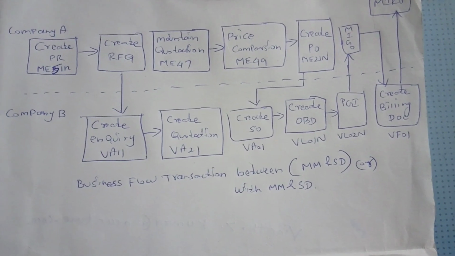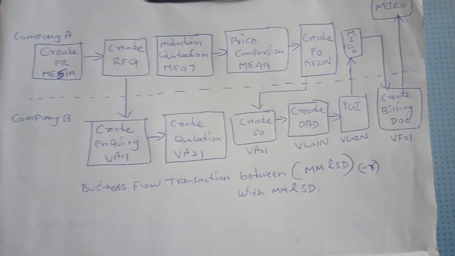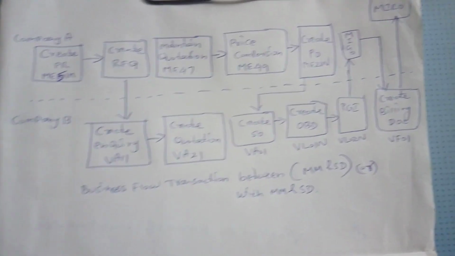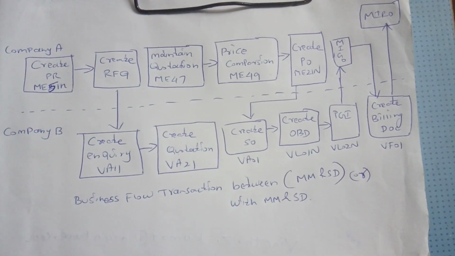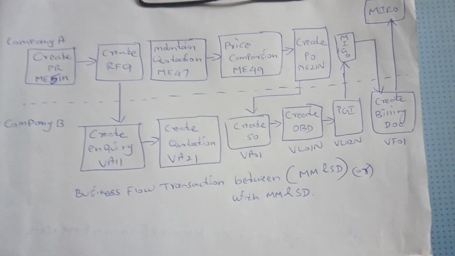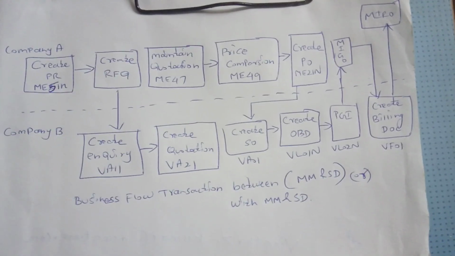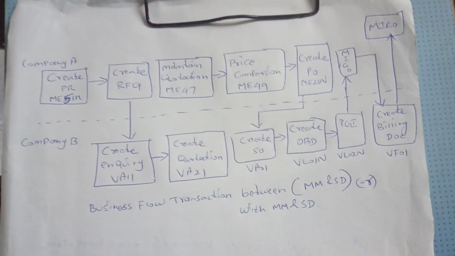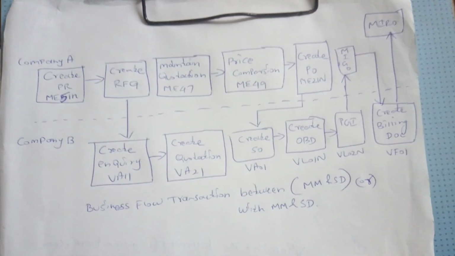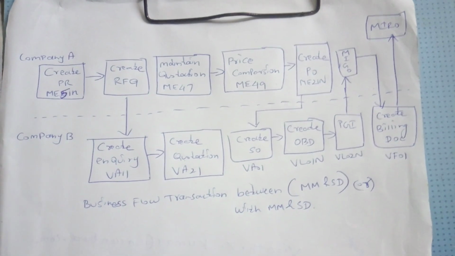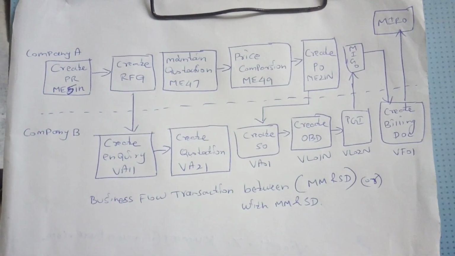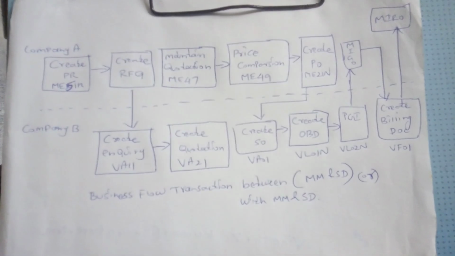and the quotation can be created by taking reference of the inquiry document. The quotation creation transaction in SAP is VA21, and it is an SAP SD transaction. In company code A, I have mentioned all the purchase material management related transactions, starting from PR to MIRO.